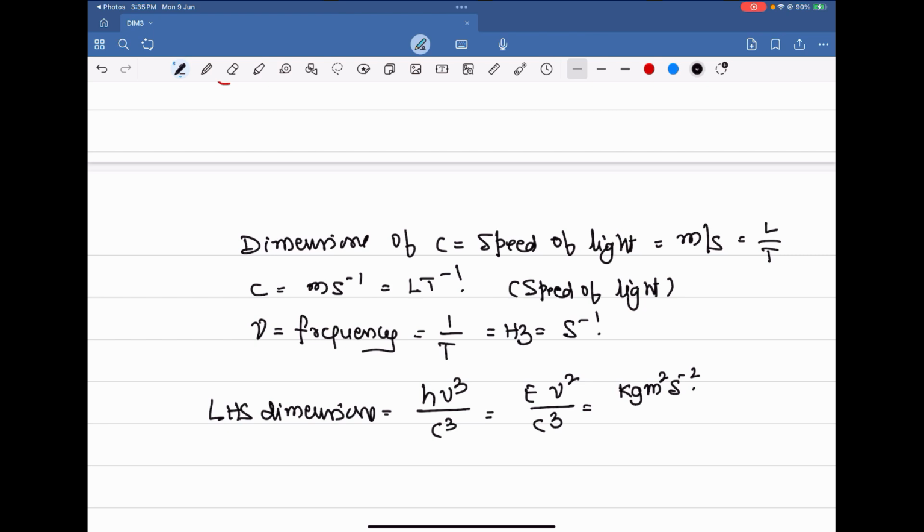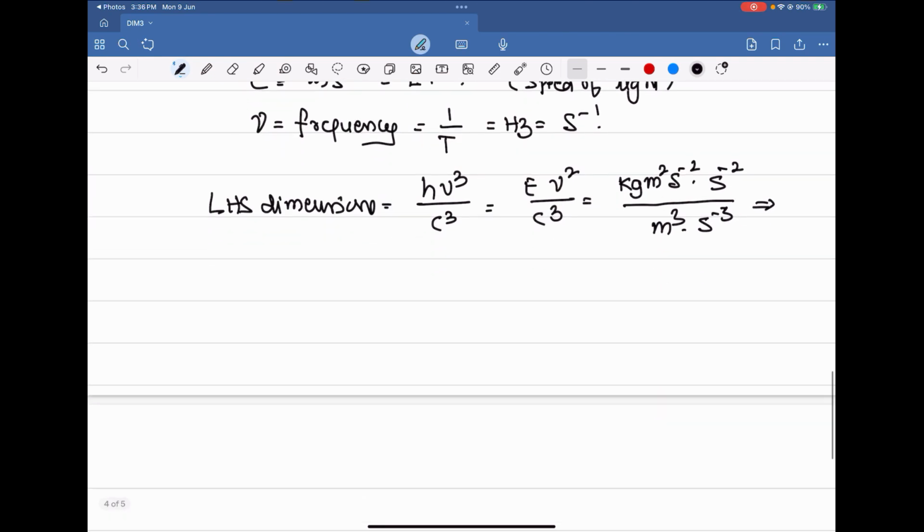Nu is 1 by s. Then it will be second to the power of minus 2. Then what is c cube? c is meter per second. That is meter cube into second to the power of minus 3.